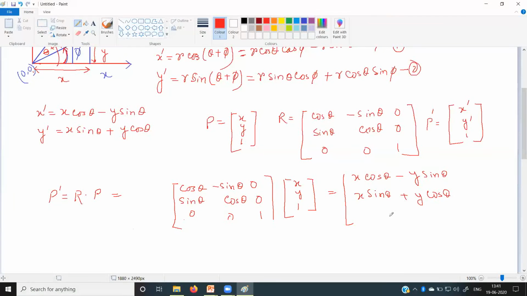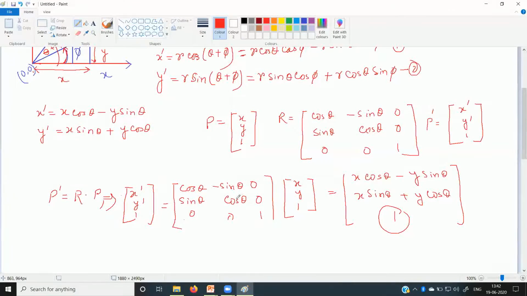Okay, and the last one will be 1. So what is my P dash over here? We can write that x dash, y dash, 1 is equal to this. So here you can see that x dash equals x cos theta minus y sin theta, y dash equals x sin theta plus y cos theta, and this is the weight factor.